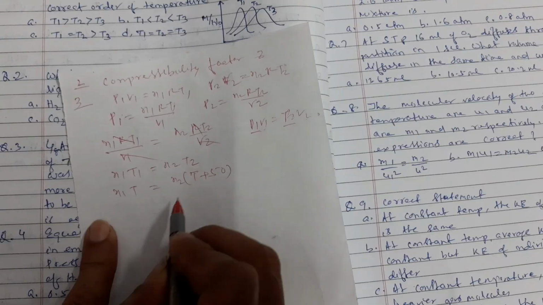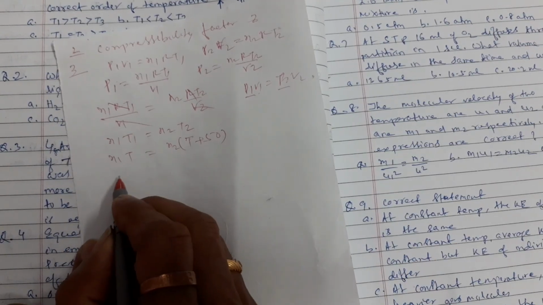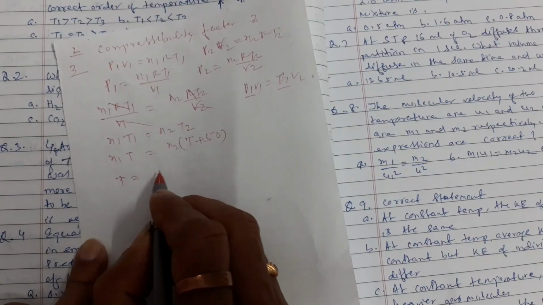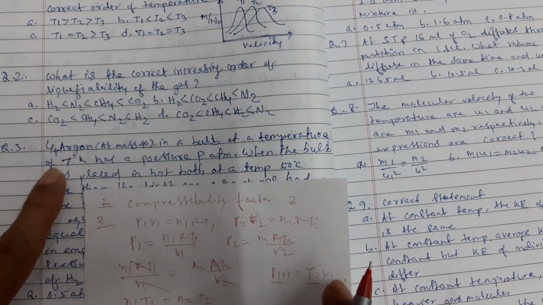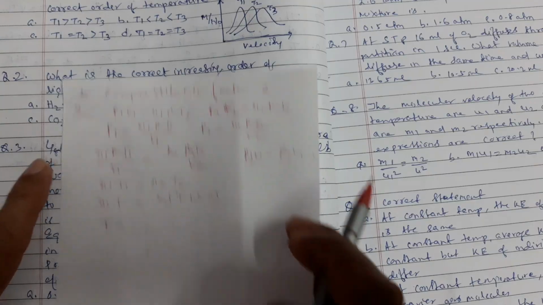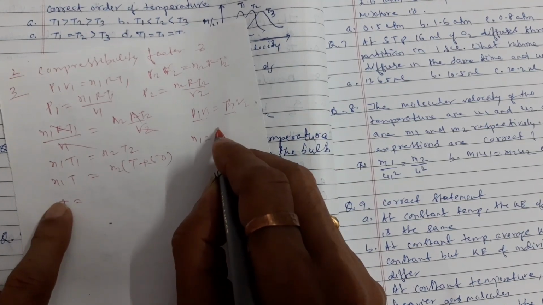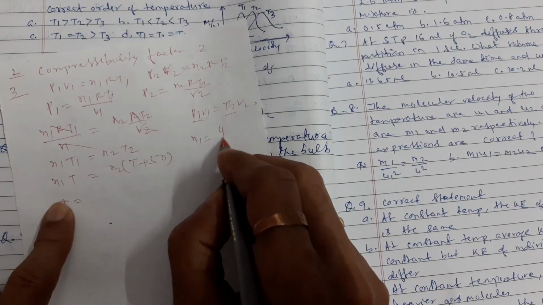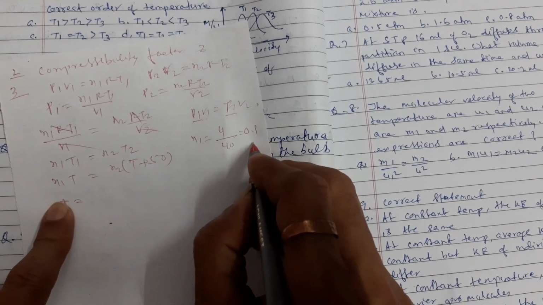What is N1? N1 is given as 4 gram, so N1 is equal to 4 by 40, so you will get 0.1 mole.